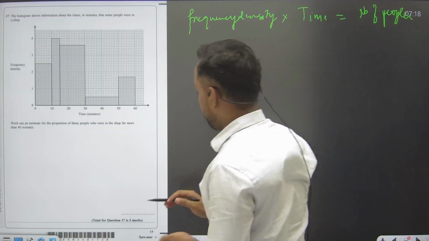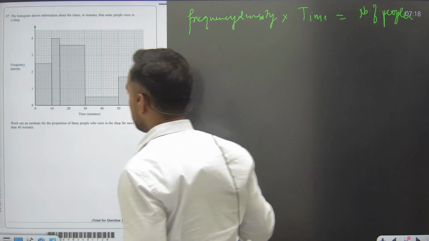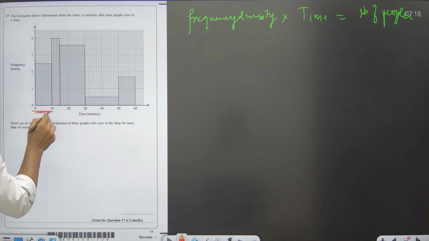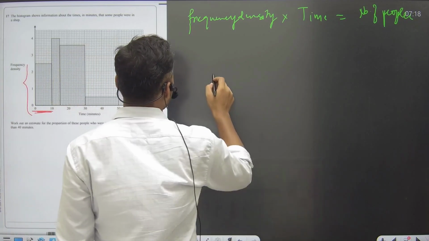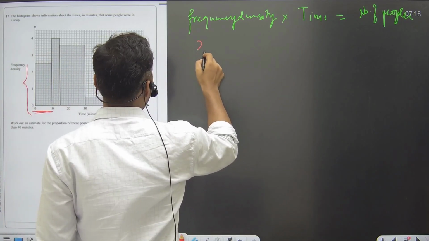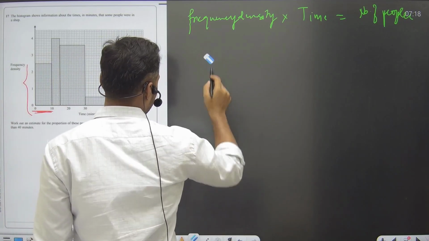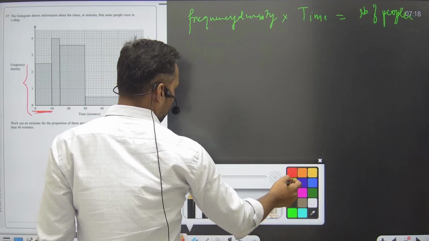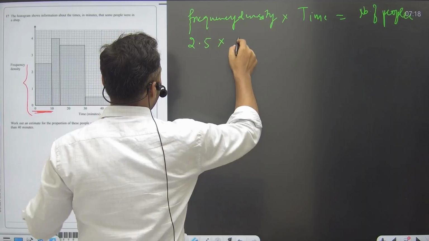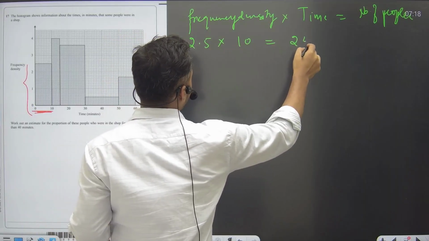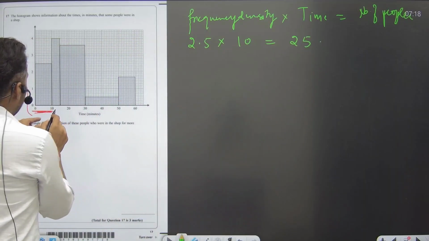Okay, now first let's analyze this graph, students. See, here the time is 10 minutes, and here you will see it is 2.5. So the frequency density is 2.5, cross 10, equals 25. Same we need to do here.